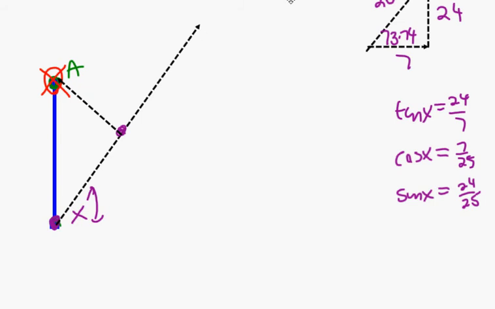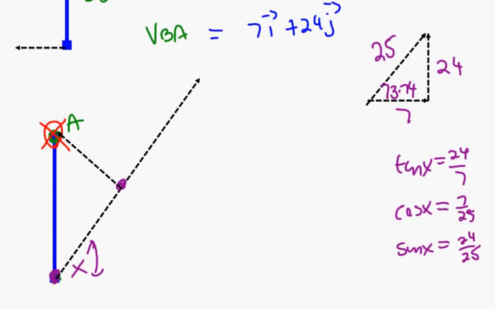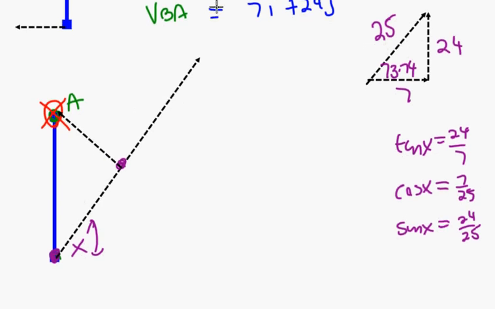Now, if that's angle X, and it's going that direction there, what does that make this angle in here? Sorry? 90 minus X. Now guys, if it's 90 minus X, what happens to all these values? They all flip, don't they?